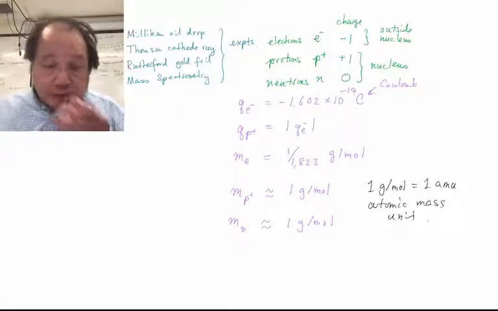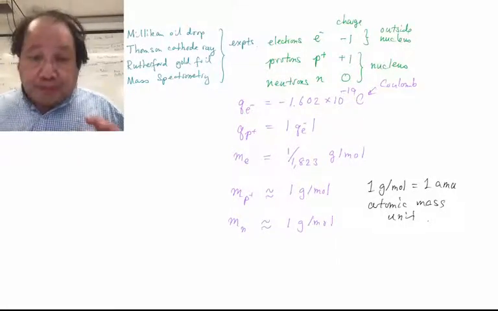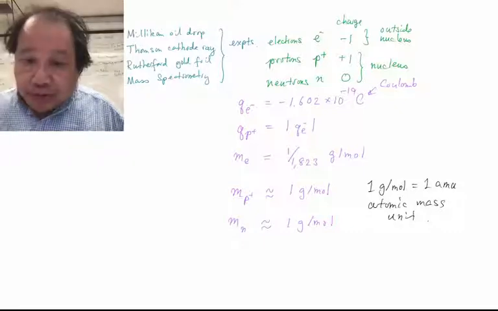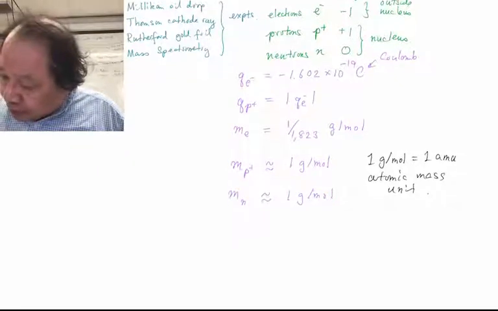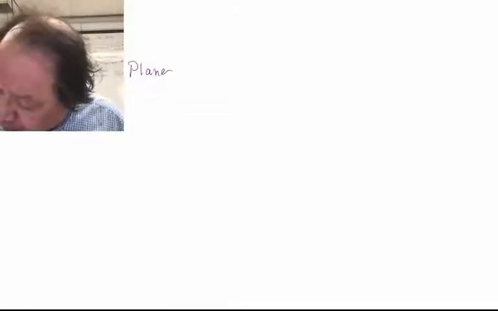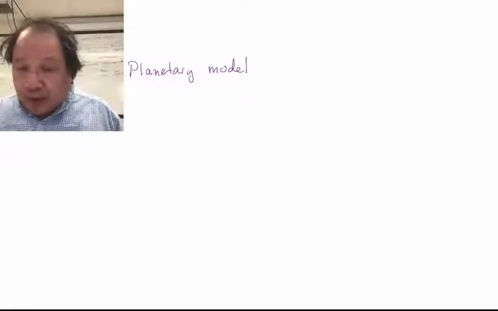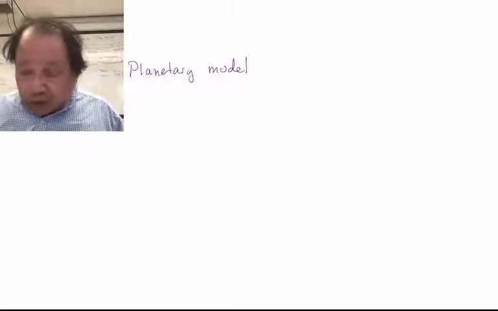What I'd like to now do is give you a picture of what atoms look like based on the classical experiments. The original picture based on these classical experiments is called the planetary model. The planetary model has now been updated, but we'll learn about that later. It is still useful, though. It is a starting point.